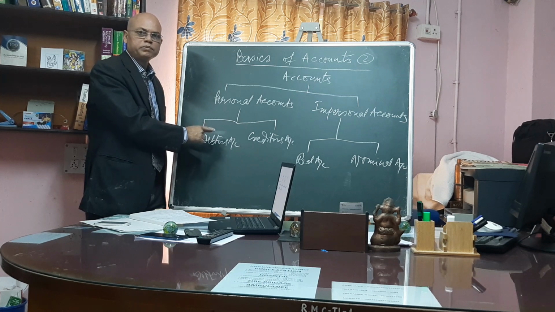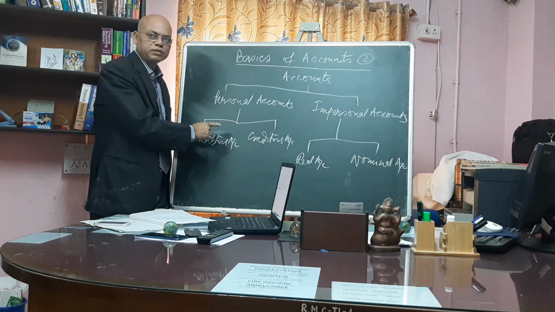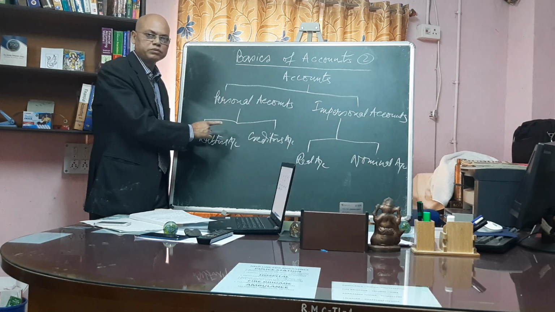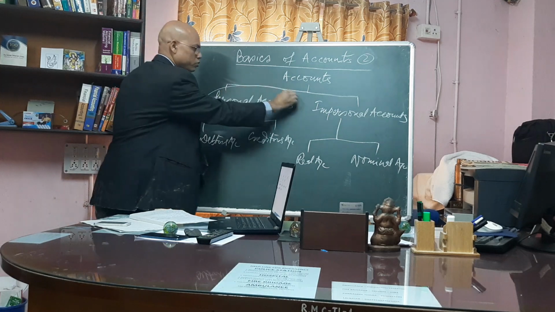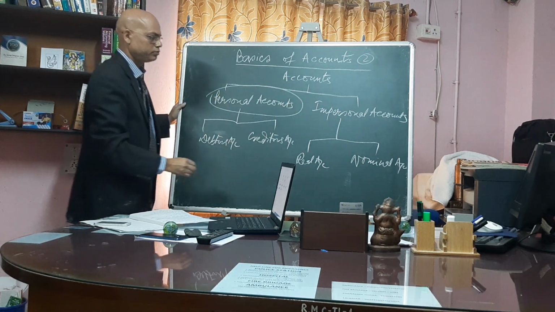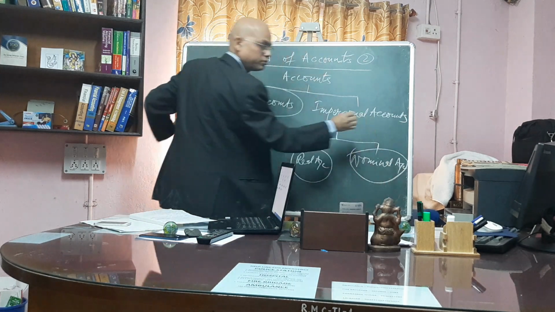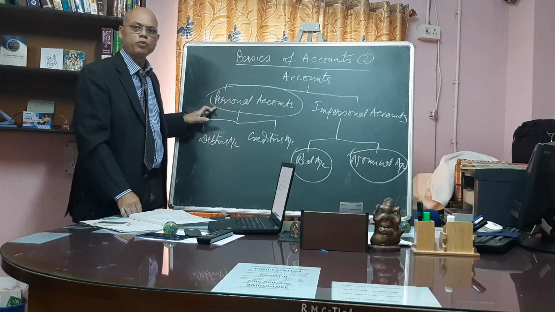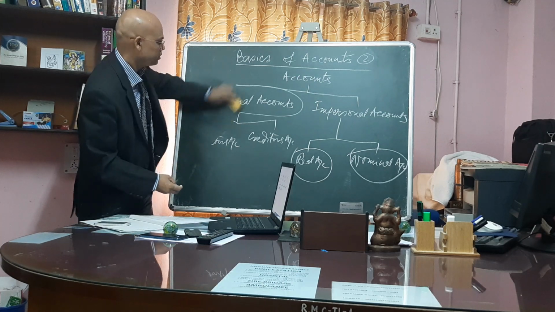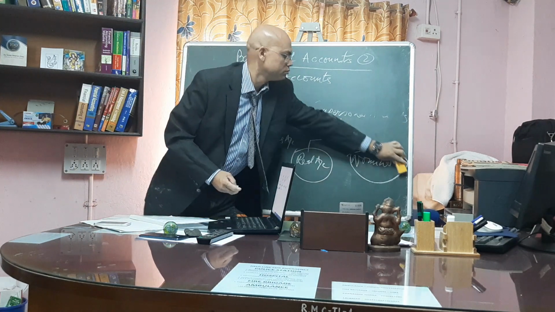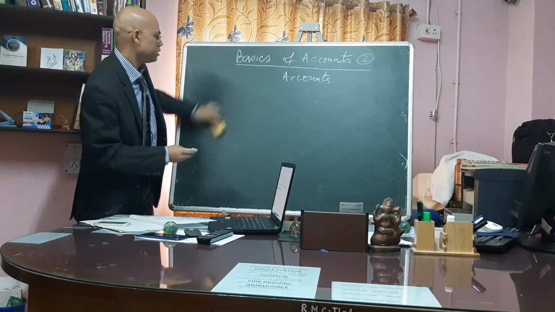But if one is asked the classification of accounts, one should say personal account, real account, and nominal account. This is the classification of accounts in short. Then I am writing again the classification of accounts in short.